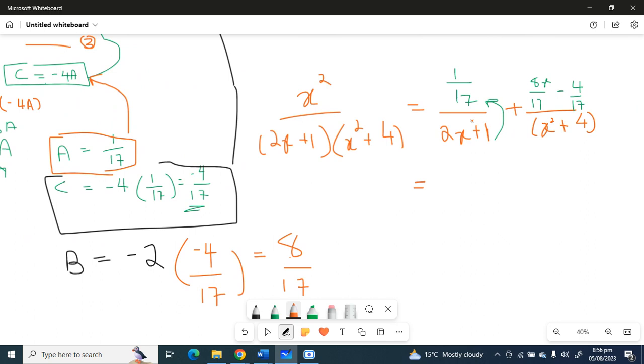So you're going to have 1 over 17, open brackets, 2x plus 1, plus, here if we solve this fraction it becomes 8x minus 4 over 17.